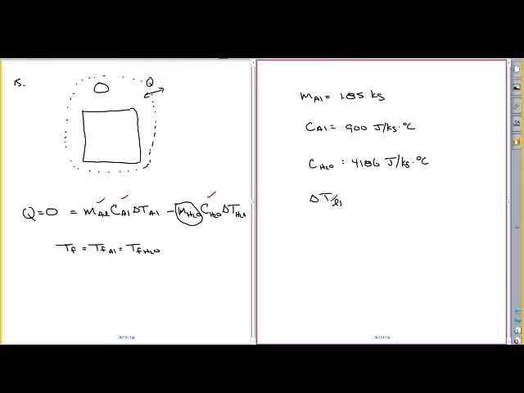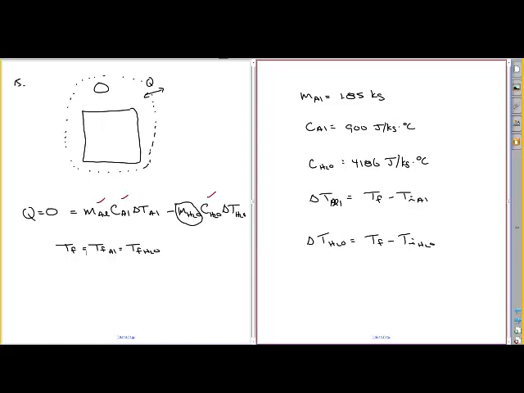Delta T of the aluminum is going to be T final of the aluminum, which we're just going to call T final, minus T initial of the aluminum. And delta T of the water is the final temperature, which is the same between the two bodies, minus the initial temperature of the water.